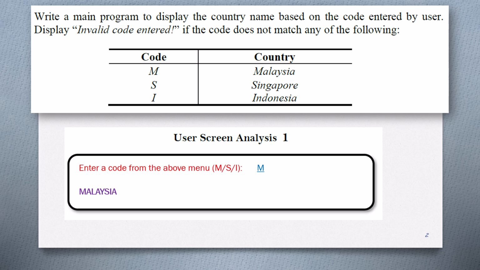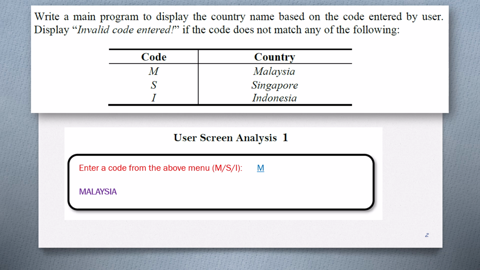Or if the code entered by the user is S, then we will display Singapore. And if the code entered is I, then we will display Indonesia. Otherwise, if the user entered codes other than M, S, or I, we will display invalid code entered.